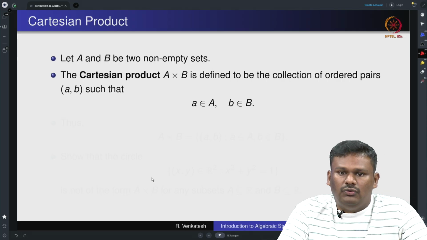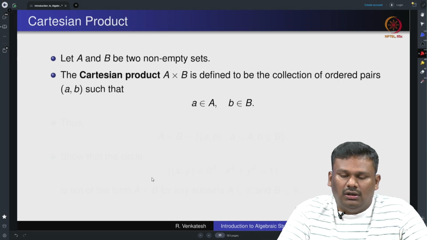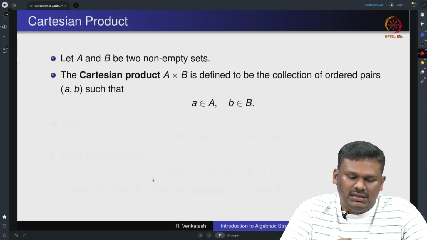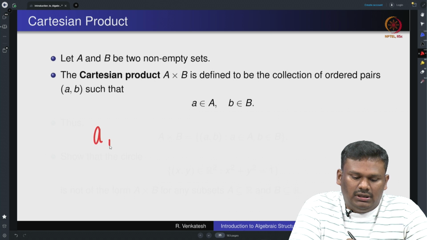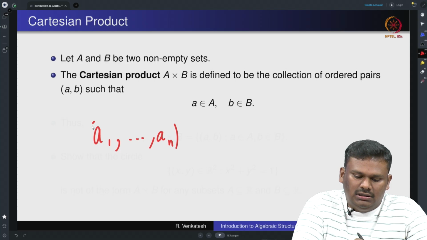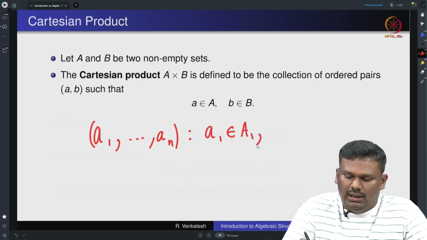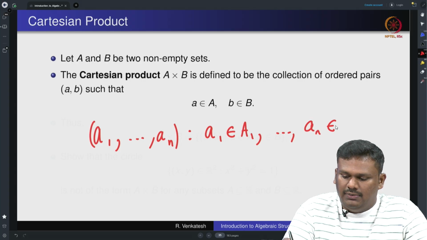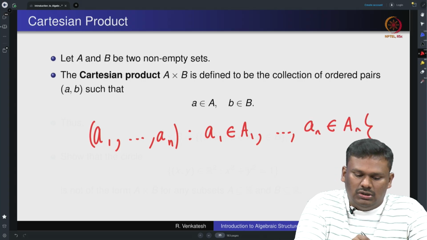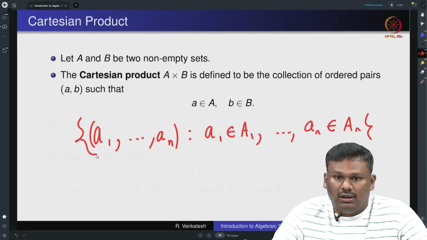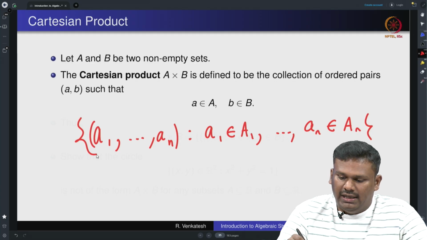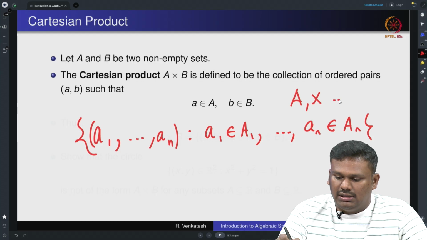For example, if you want to talk about the Cartesian product of n sets, then we want to talk about a tuple (a1, ..., an), where a1 comes from capital A1 and an comes from capital An. This is the Cartesian product of A1, ..., An, which is denoted as A1 times ... times An.